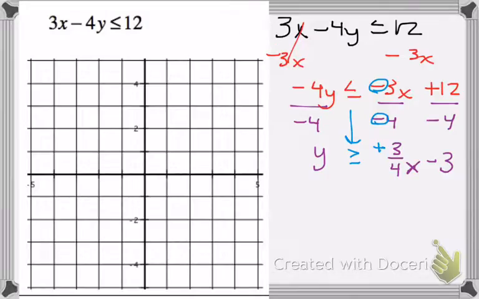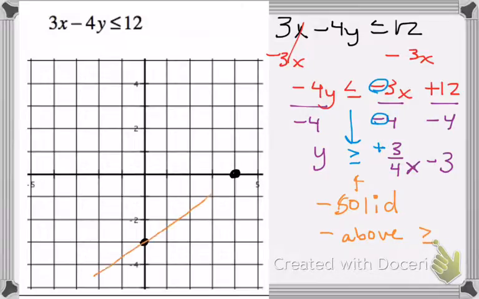So now I will go through all of my steps for graphing. So negative 3, and then I'm going to go up 3 and over 4. And I have a solid line and above because it's greater than or equal to.